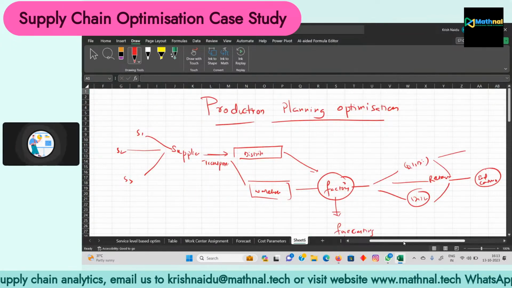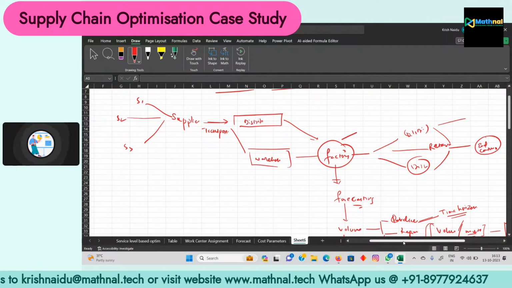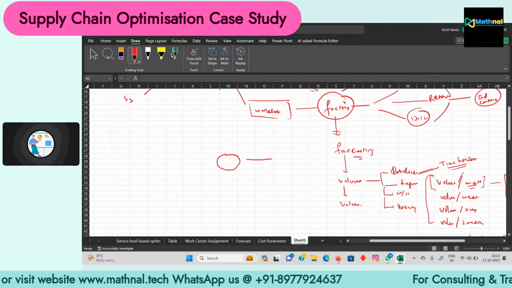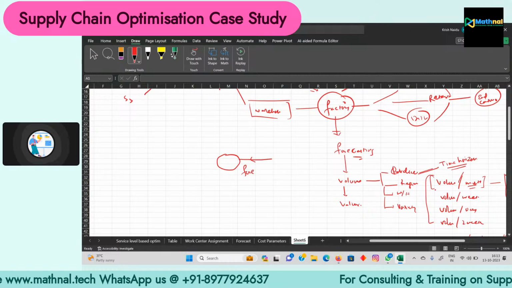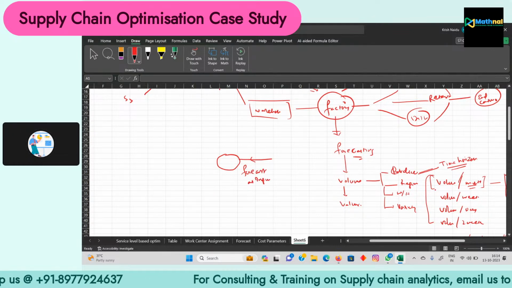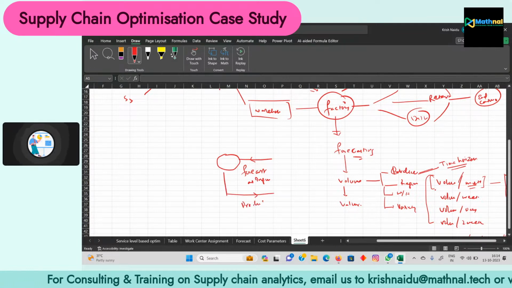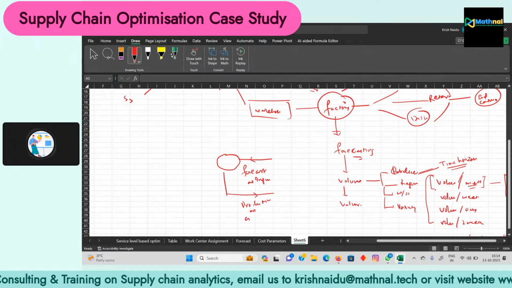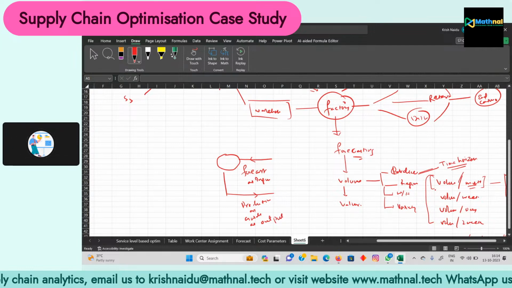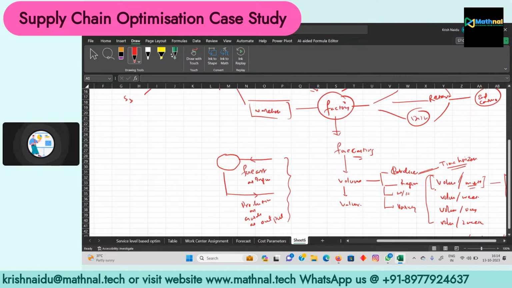So here we are trying to understand our factory forecast capacity. Let me draw a different diagram now. So this is my factory. I am getting the forecast as an input, right? And what I'm going to deliver is the production as goods as output, right? So my forecast and my production have to be mapped.